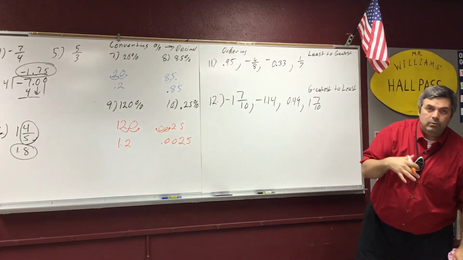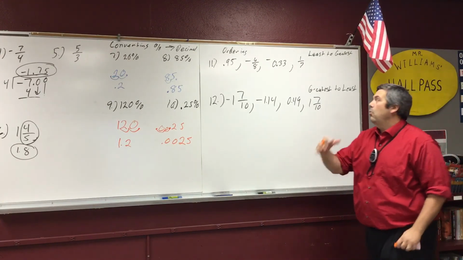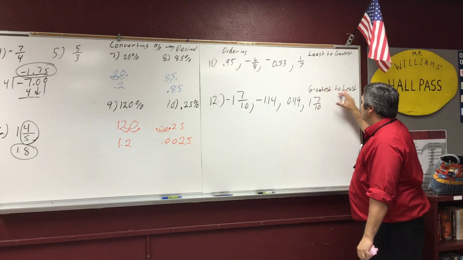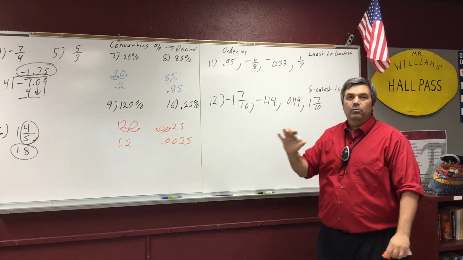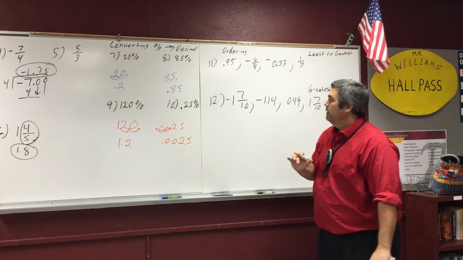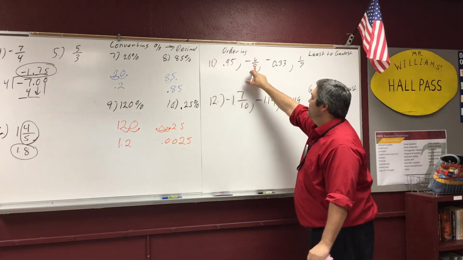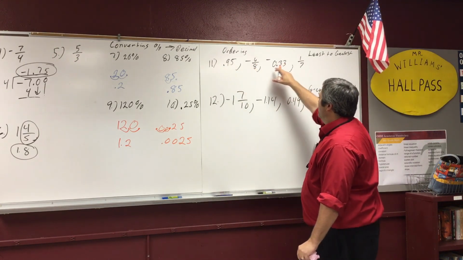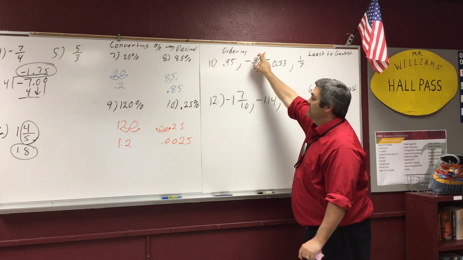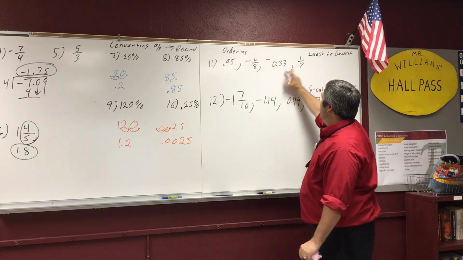Now, ordering. When you do the ordering, pay attention and watch: least to greatest or greatest to least, make sure you know which one's which. So now I have 0.95, negative 6/8, negative 0.33, and 1/7.